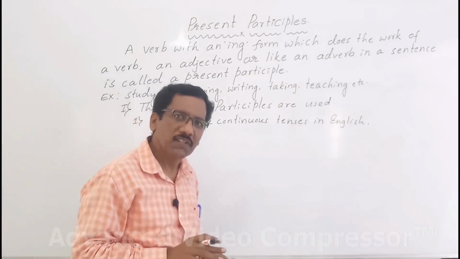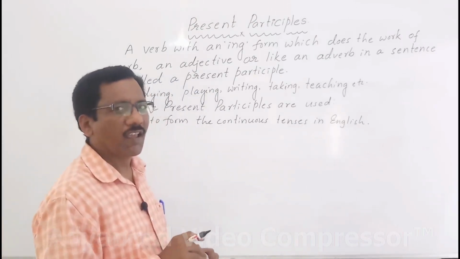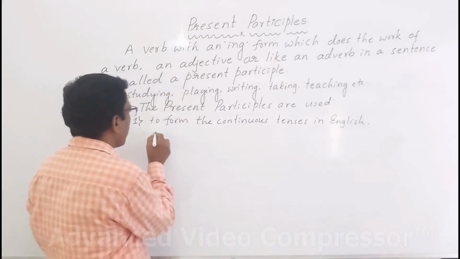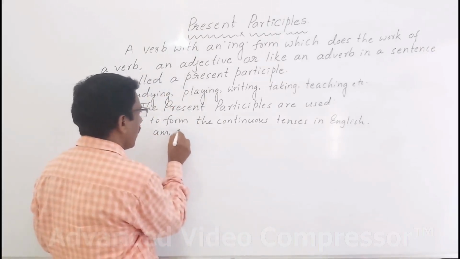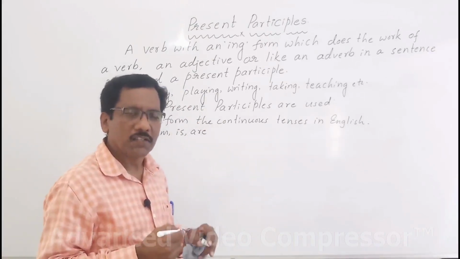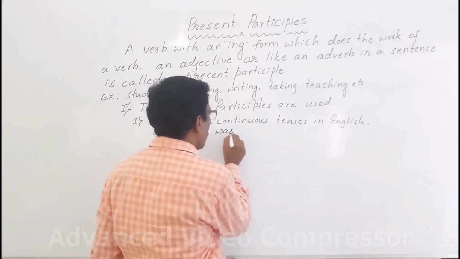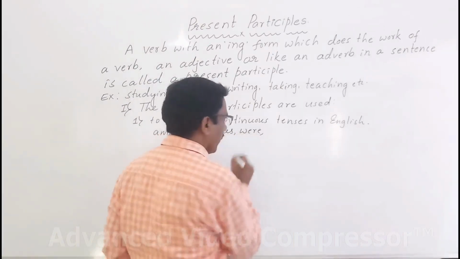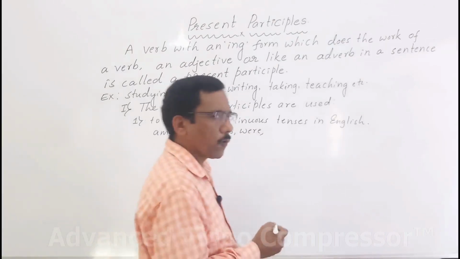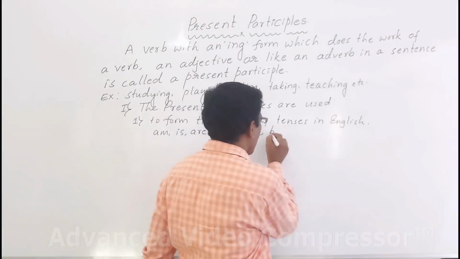How many continuous tenses are there? They are 6 in number. What are they? Present continuous tense, which is formed with the helping verbs am, is, are. Second, past continuous tense, which is formed by was and were. And future continuous tense, which is formed by the helping verb plus be.